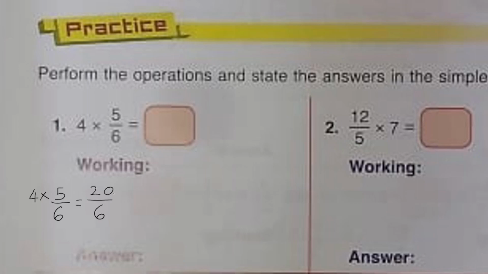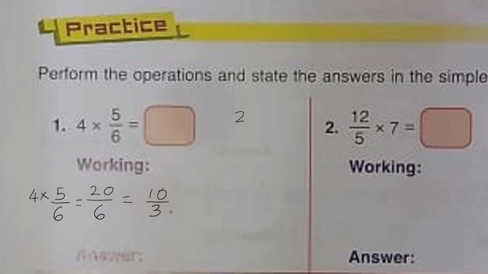Okay, so we can simplify this to 10 over 3. Okay, but it's still an improper fraction. Okay, the number at the top is bigger than the number at the bottom. Okay, so that can't be the last answer.